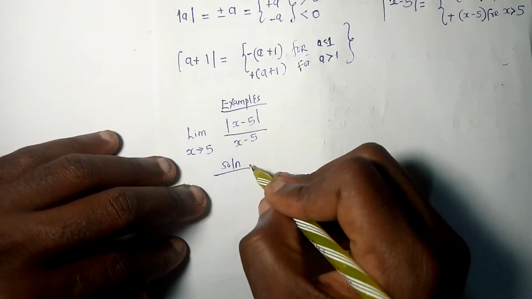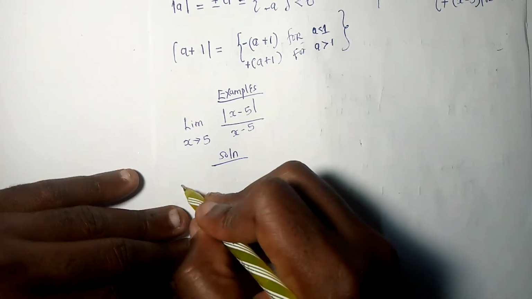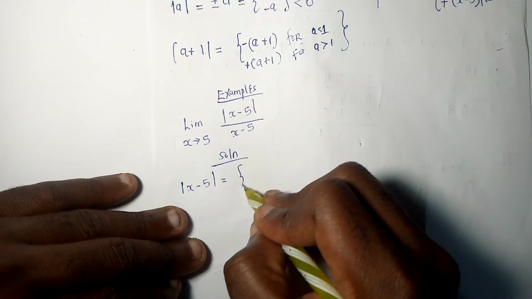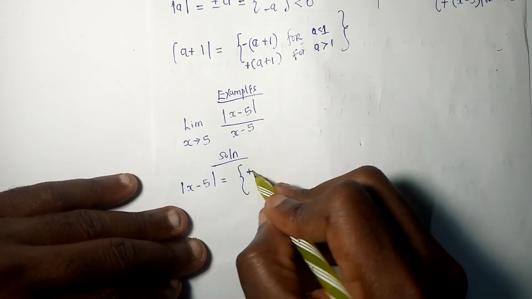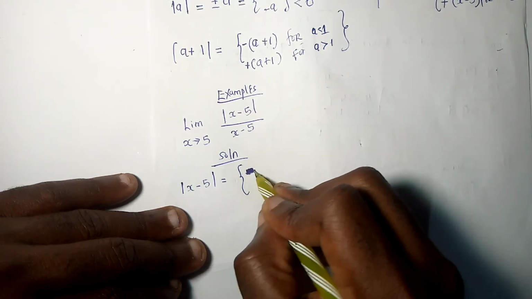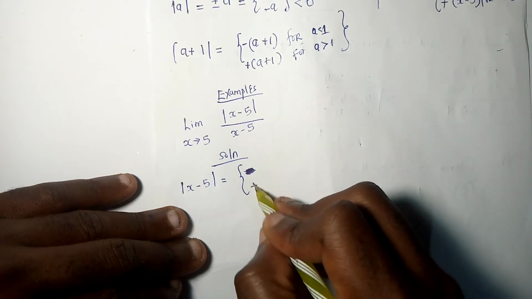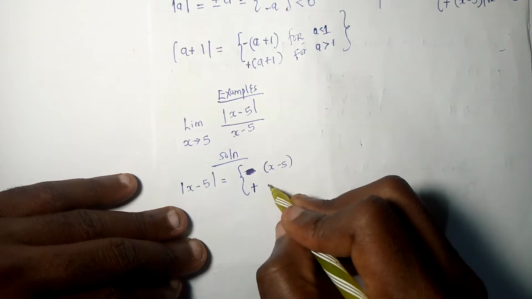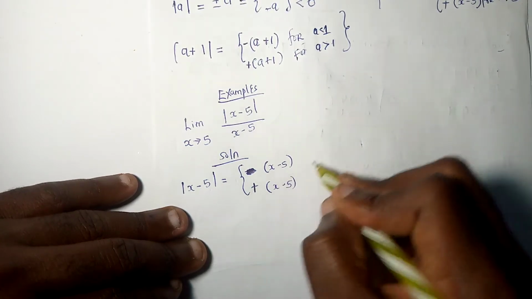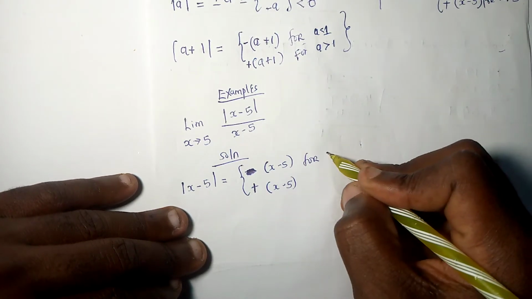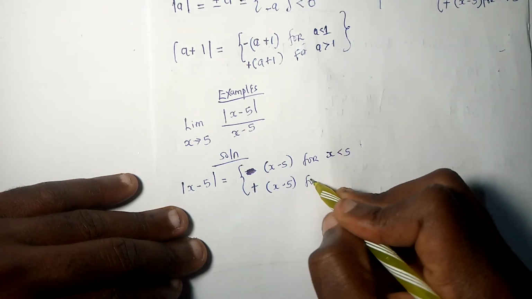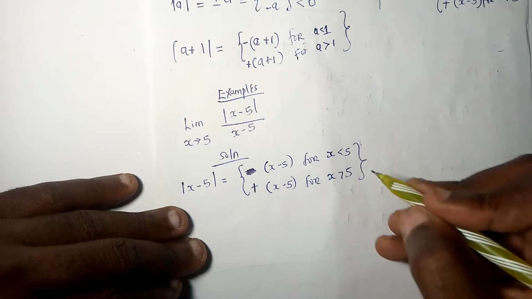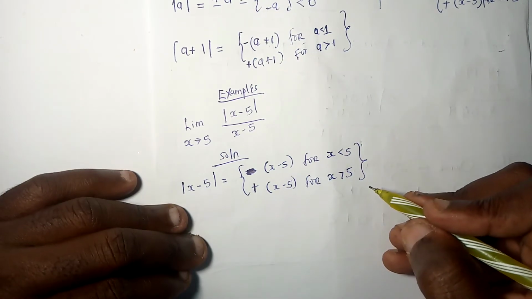Solution. The first thing, you have to write the absolute value of x minus 5 as its constituents. I have a tendency of beginning with the positive, but it is always good to start with the negative: minus (x minus 5) for x less than 5, and x minus 5 for x greater than 5.